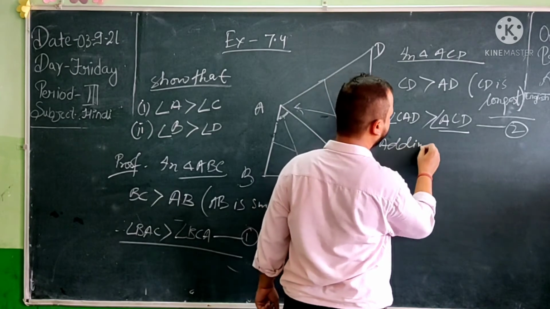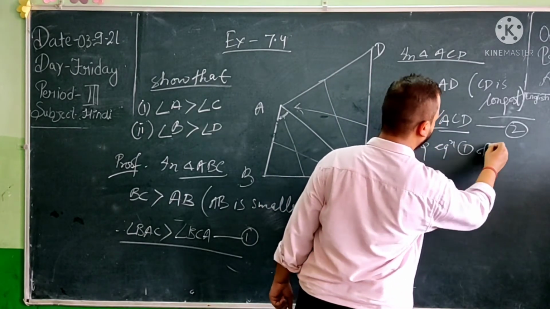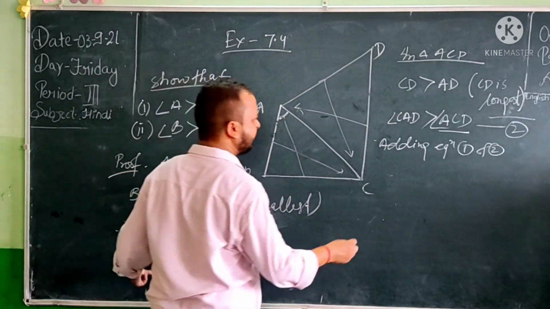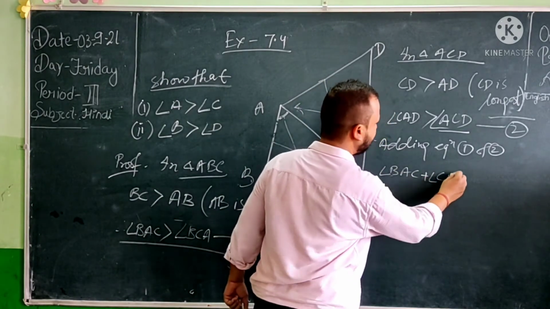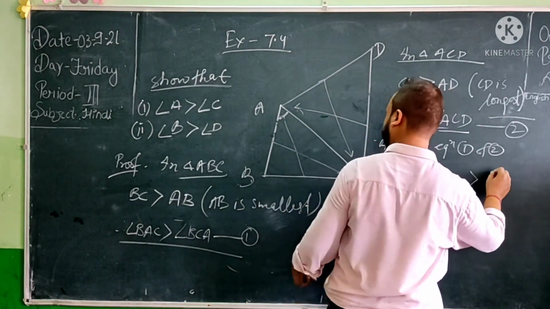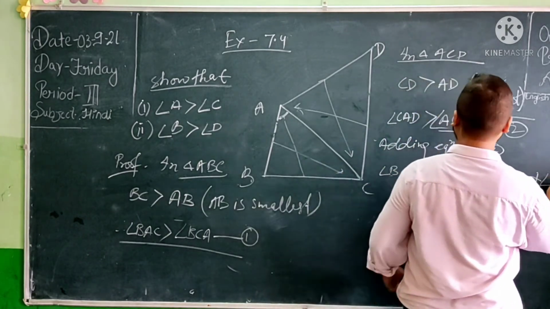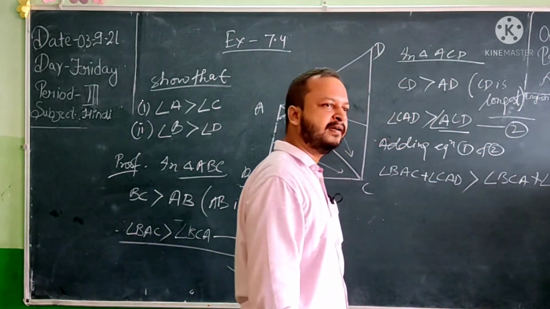Adding equation 1 and 2. So when we have added, what we get? Angle BAC plus angle CAD is greater than angle BCA plus angle ACD, right?